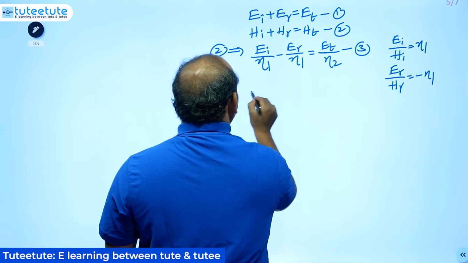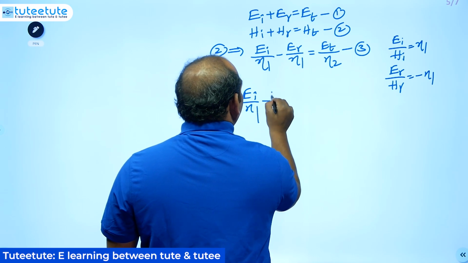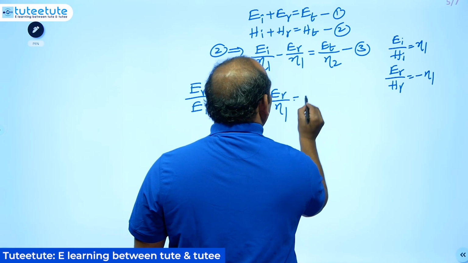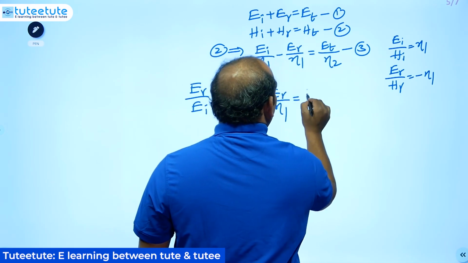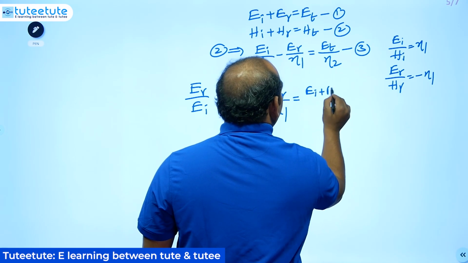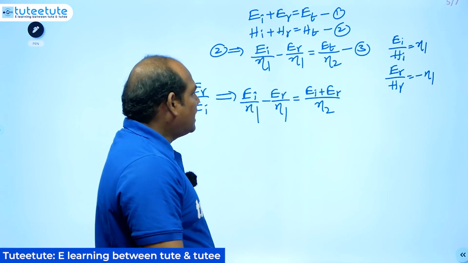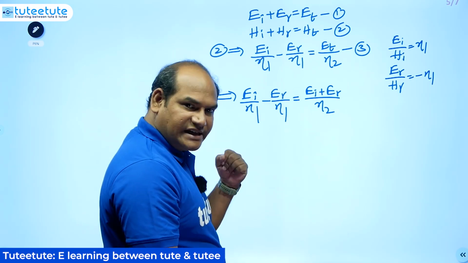I am taking this entire signal, EI by eta 1 minus ER by eta 1, equal to ET, which from equation 1 we can take as EI plus ER by eta 2. Now the equation is available in terms of EI and ER only. We have eliminated ET.